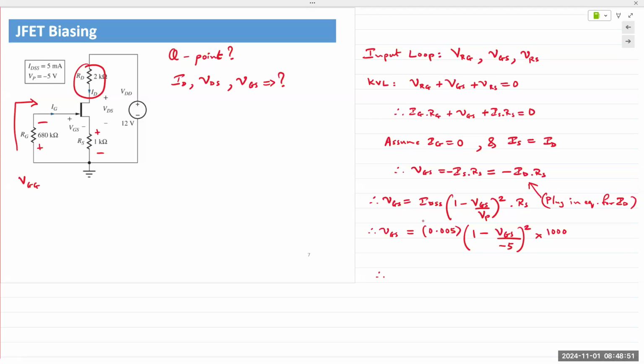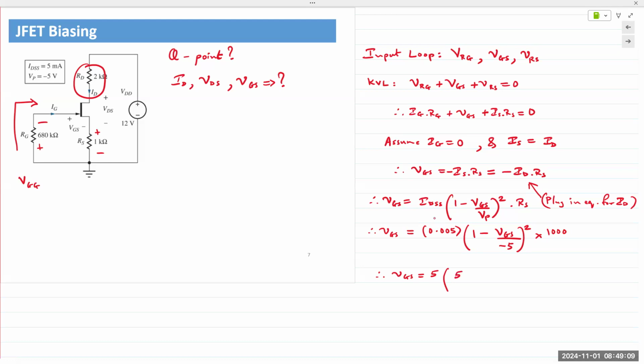Don't worry, it's not like the iterative analysis. So we have VGS is equal to 5 times... actually, let's simplify this.